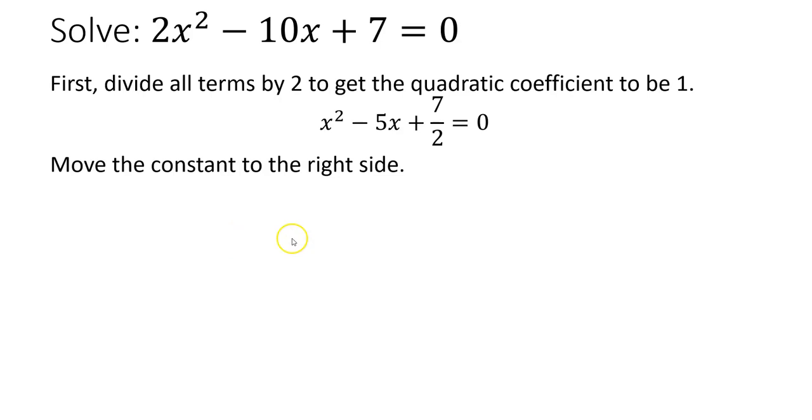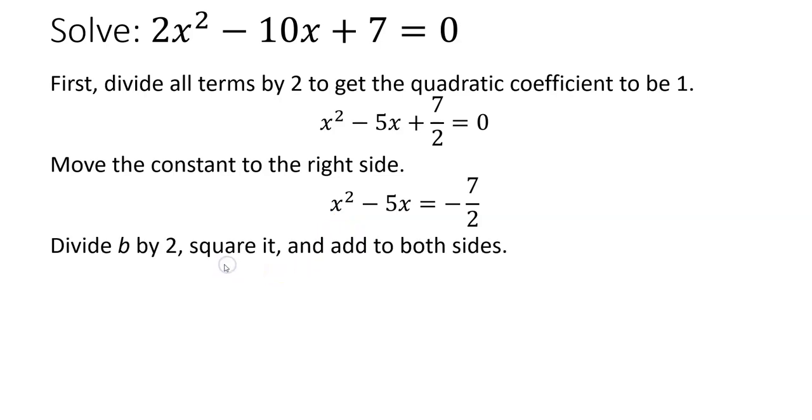So our next step is to get the constant on the right side. So to move a positive 7/2, we're going to subtract 7/2 from both sides. So I now have x squared minus 5x equals negative 7 over 2. We are now ready to divide b by 2, square it, and add it to both sides. So our b value, hopefully you recognize, is negative 5.